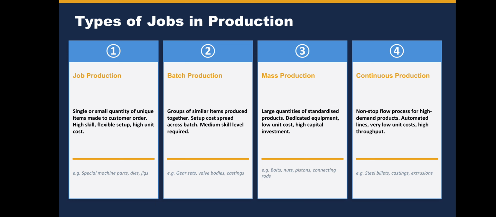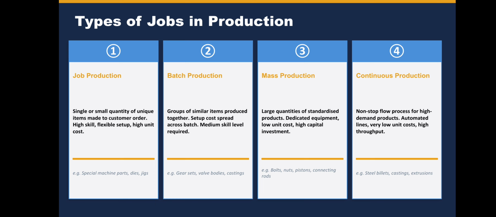Coming to the next section, types of jobs in production. The types of jobs in production mainly include four different types: first is job production, second is batch production, third is mass production, and the fourth is continuous production.